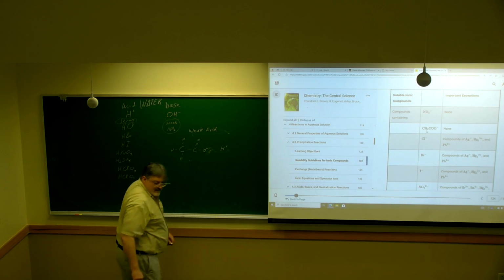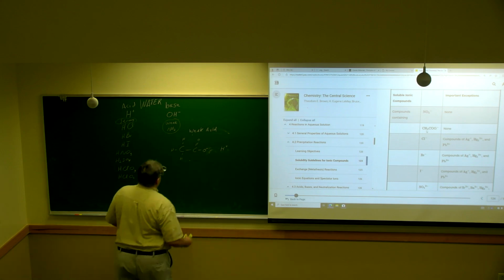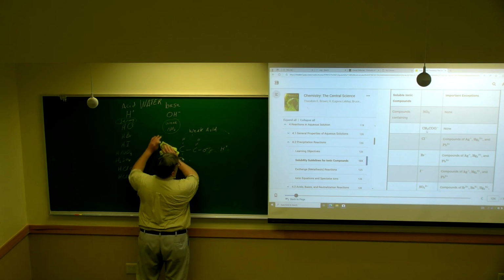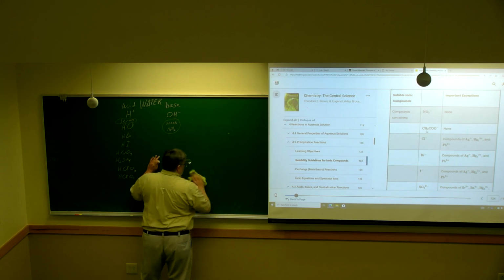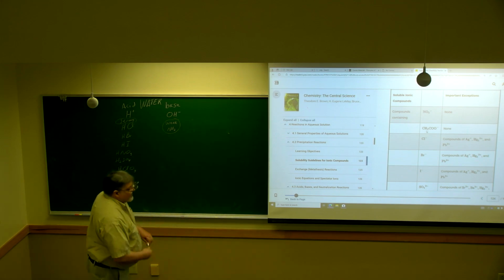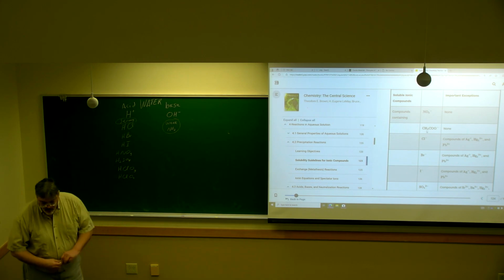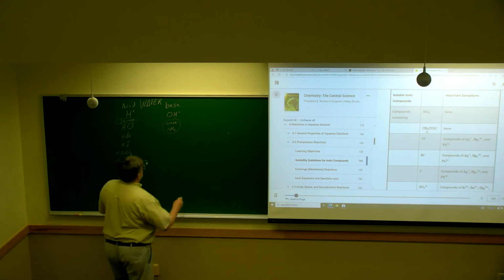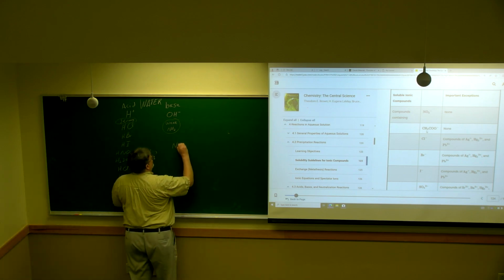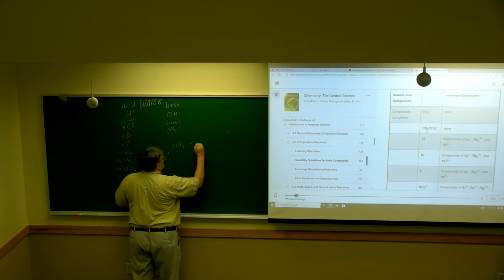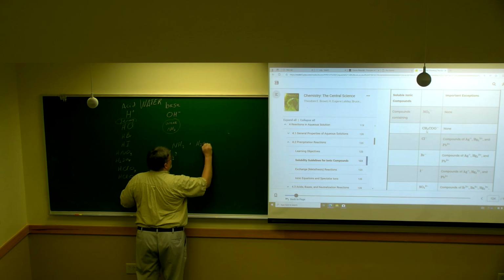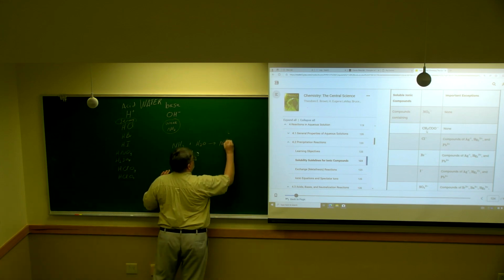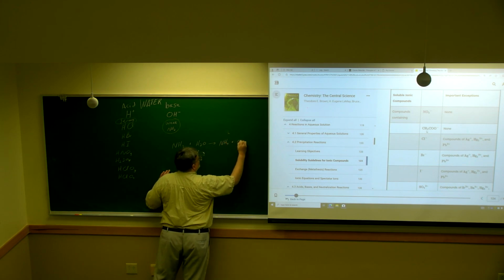So the weak base partially dissociates. And I mentioned when I said this is a weak base, it only makes a few OH negative ions. But really what happens, this one's just kind of weird, it's an odd one, but it actually reacts with an H2O molecule, and it becomes NH4 plus OH.